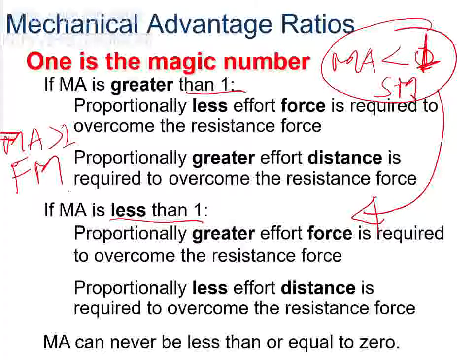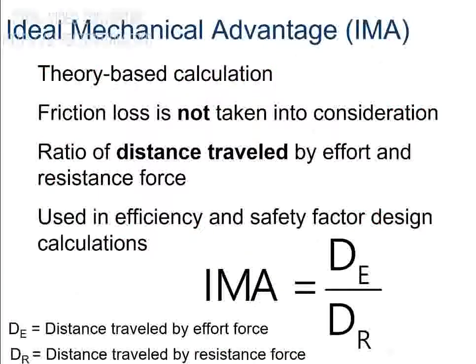Therefore, mechanical advantage can never be less than or equal to 0. Okay, ideal mechanical advantage. When we say ideal, that means it's not in the actual case. Therefore, theory-based calculations, friction loss is not taken into consideration.